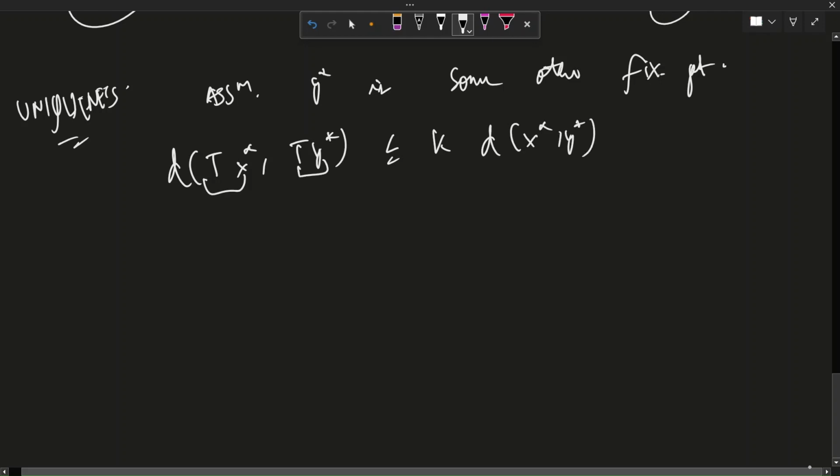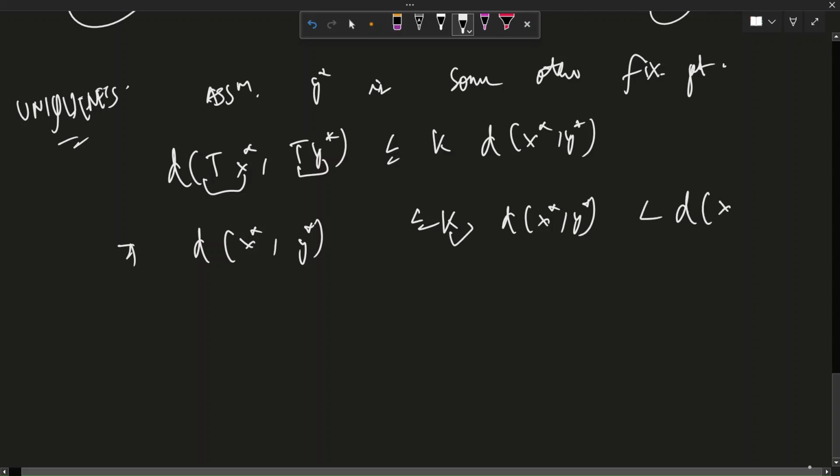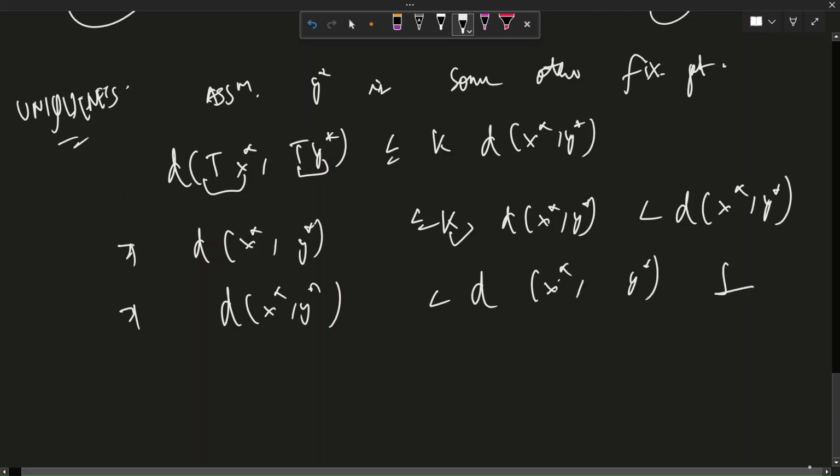But since these are fixed points, the distance between x star and y star is less than or equal to k times the distance between x star and y star. But I know that k is strictly less than 1. Thus this quantity is less than the distance between x star and y star, which would imply that the distance between x star and y star is less than itself, which is contradictory, which is absurd. Thus, the fixed point is unique.